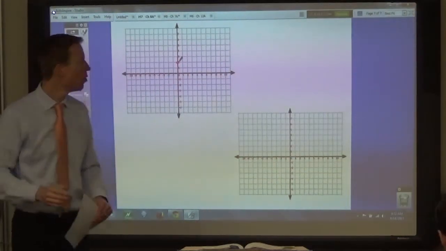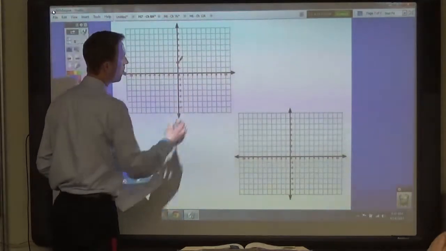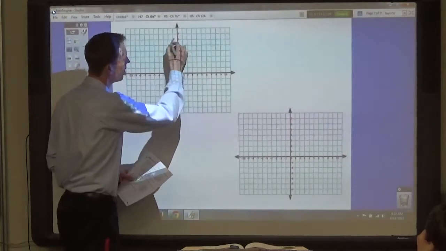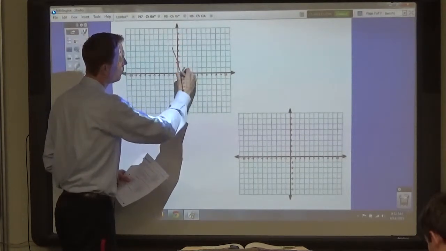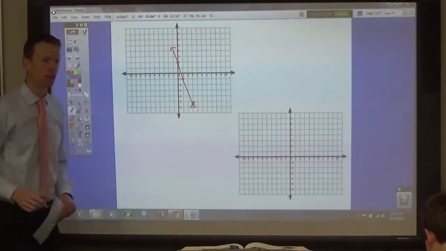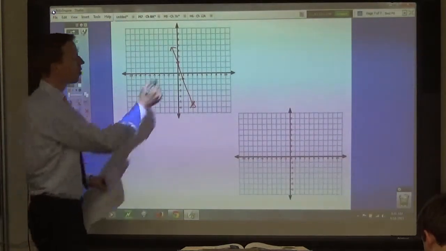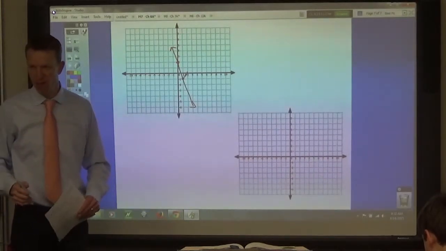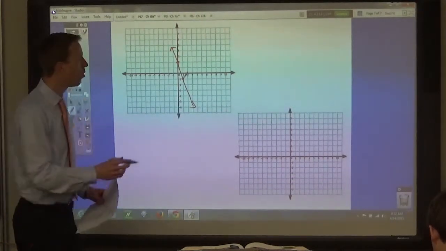Now, when you are calculating the slope of a line, it's really helpful if you're just given the line to mark the points that you're going to use. So mark those 2 points on the line that's given. Those are whole number points.